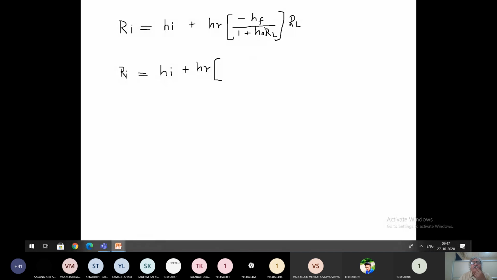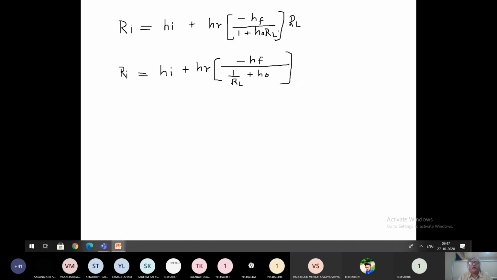I will divide numerator and denominator by RL, right? So I will get here minus Hf divided by 1 by RL plus H naught.